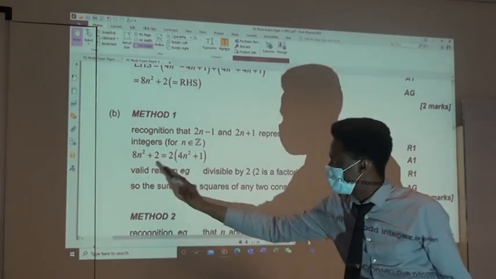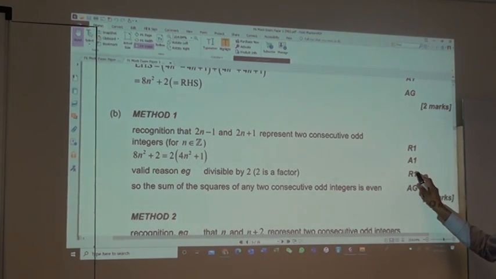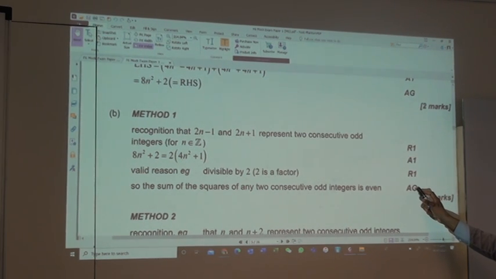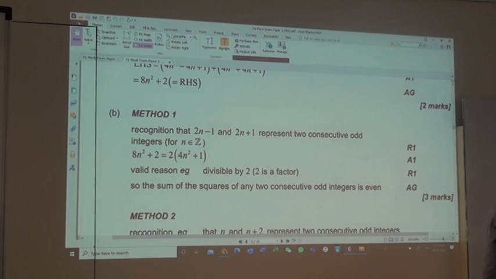A valid reason, e.g., which is divisible by 2. That note we always write. R1. If you write a conclusion, the conclusion is already given. It's not to say you shouldn't write it, but you will see AG. So therefore, based on all this wonderful stuff that I've done, it means that the sum of any 2 consecutive odd numbers is going to be even. That is already given in the question, so that's why it is AG. Understand?